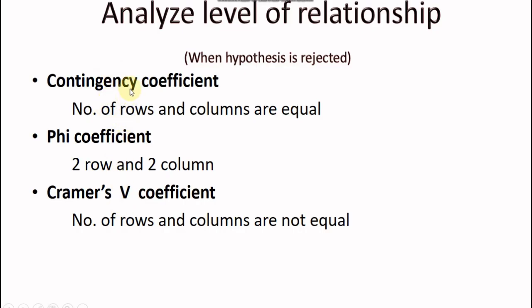If the numbers of rows and columns are equal, we have to use the contingency coefficient. If the numbers of rows and columns are 2, we have to use the phi coefficient. If the rows and columns are not equal, at that time we have to use Cramer's V coefficient. Here we have 2 rows and 2 columns, so we have to use the phi coefficient.